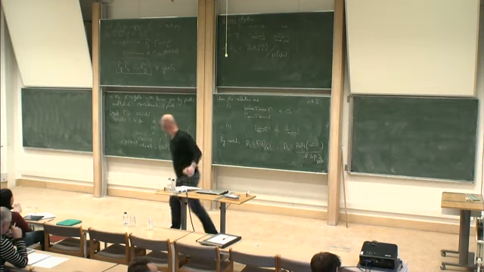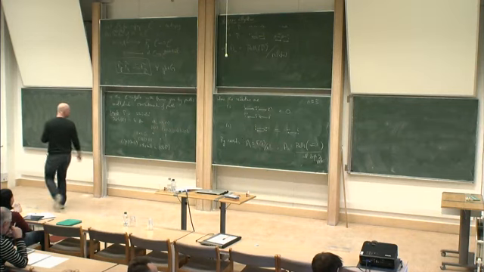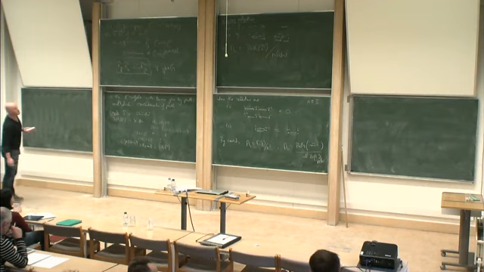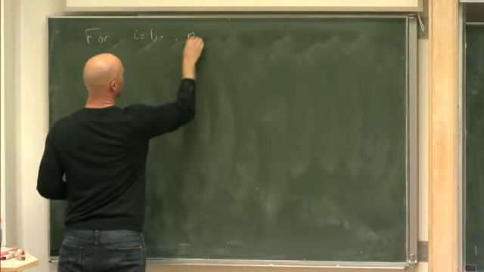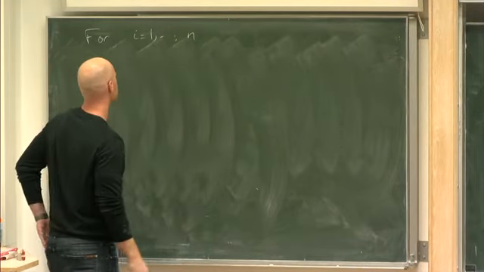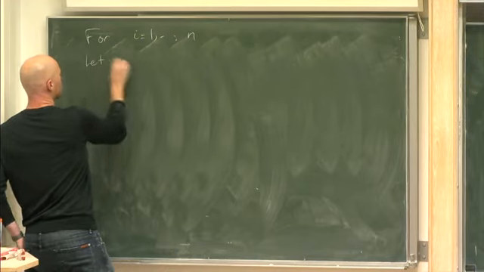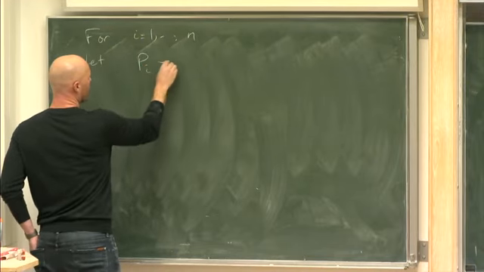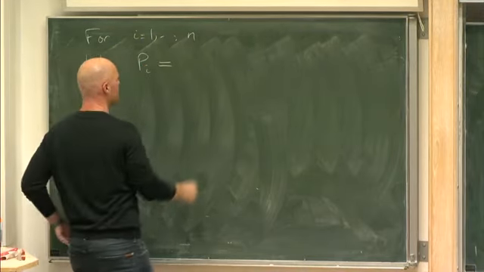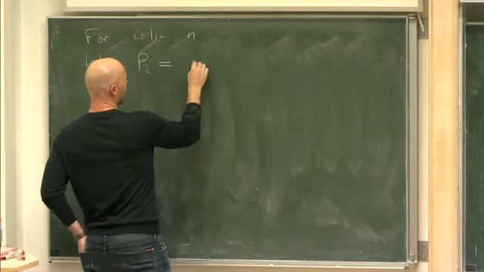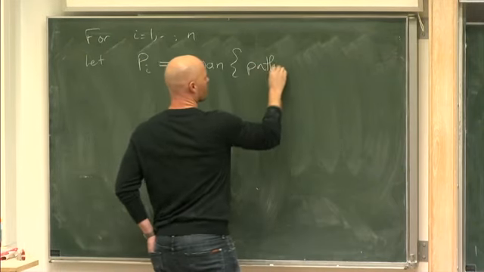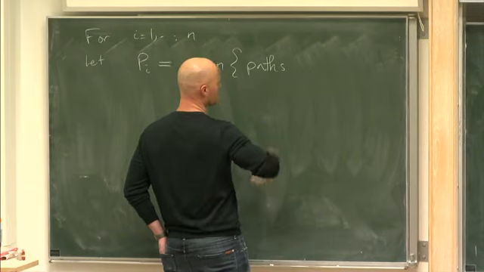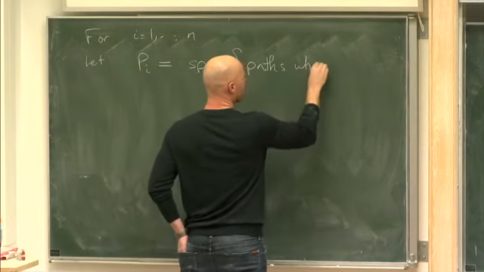So let's think a little bit about representations of the zigzag algebra. There are some particularly important representations. So what are some representations of the zigzag algebra? Let P_i, with the i on the right, be the vector space spanned by all paths, modulo the zigzag relations, which end at i.